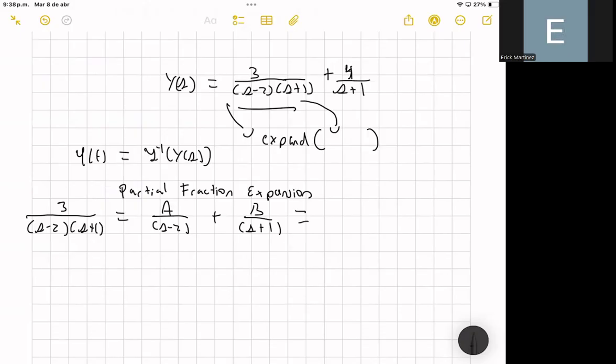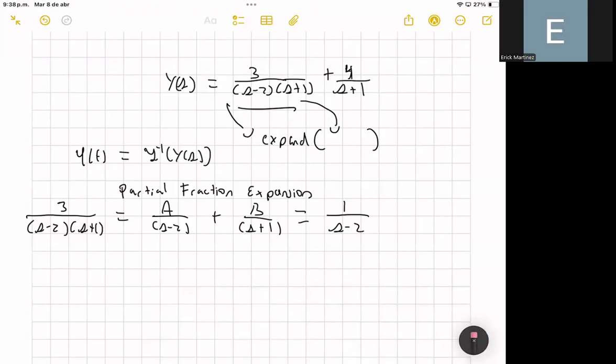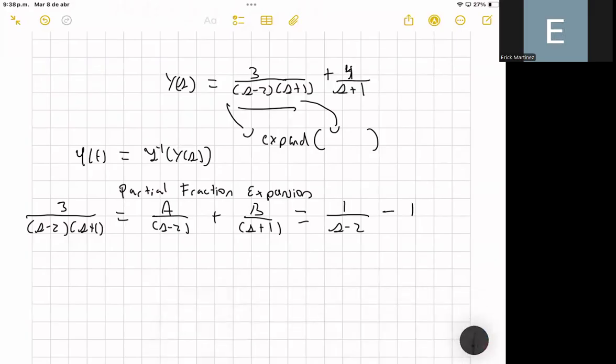And if you do that, you will notice that the value of A should be equal to 1 over s minus 2 plus the value of B. Sorry, this is a negative sign. So this is minus 1 divided by s plus 1. Okay, this is basically the partial fraction expansion of this term.